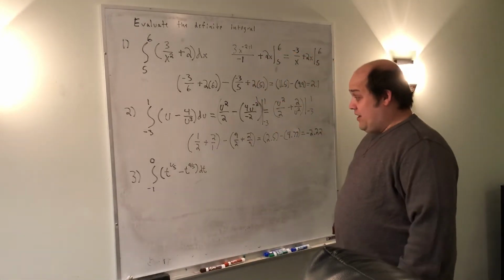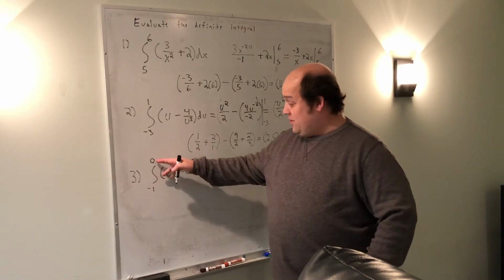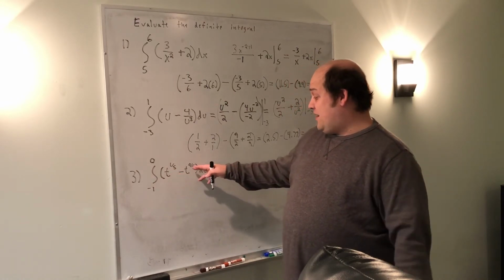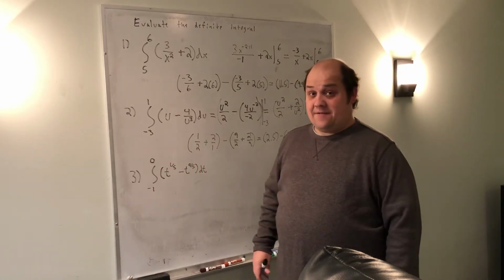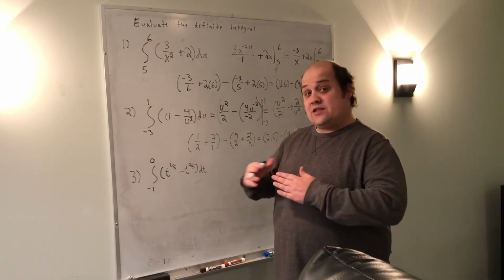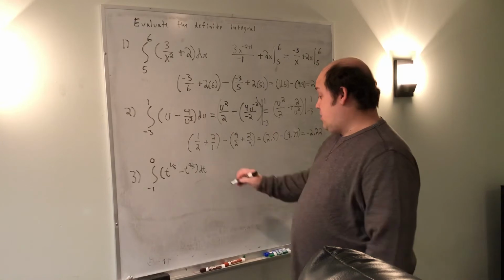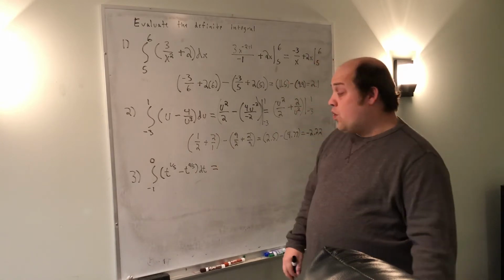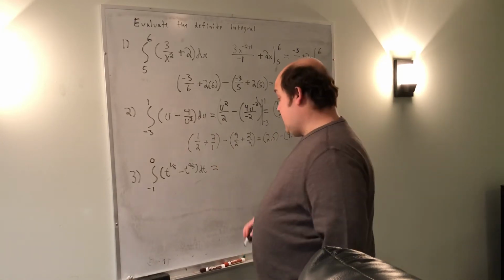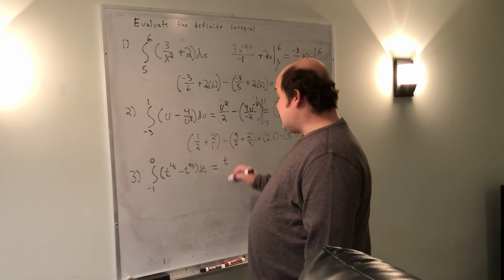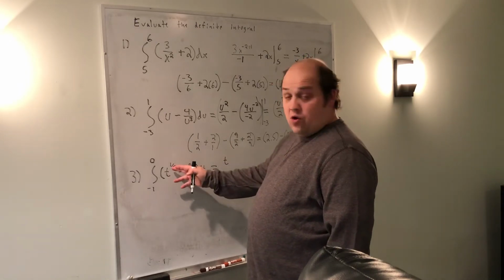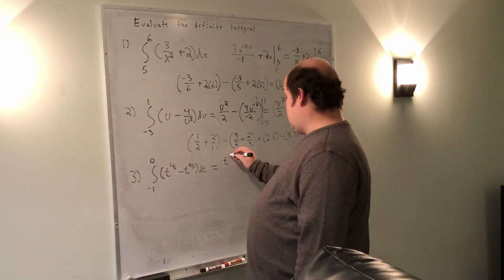When I go to number 3, here I have negative 1 to 0 of t to the 1/5 minus t to the 4/5 dt. Remember, when we integrate things, we add 1 to the current exponent, divide by the new exponent. So the current exponent is 1/5. If I add 1 to that, that would give me t to the 6/5. Remember, adding 1 is like adding 5/5.